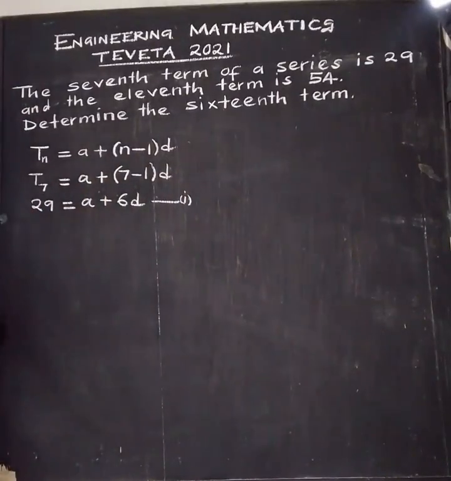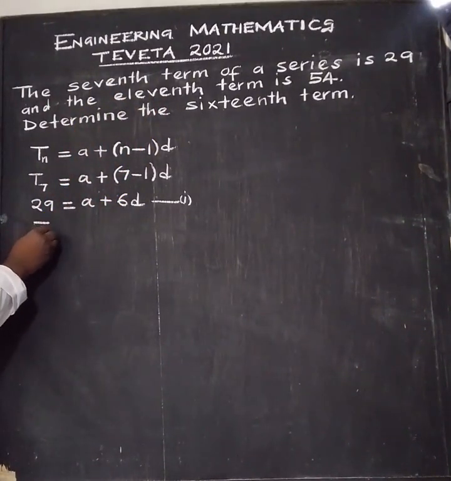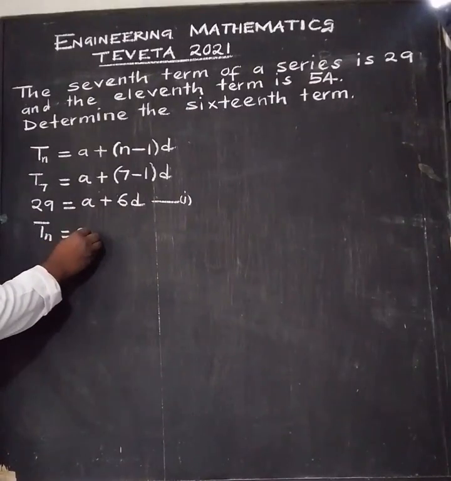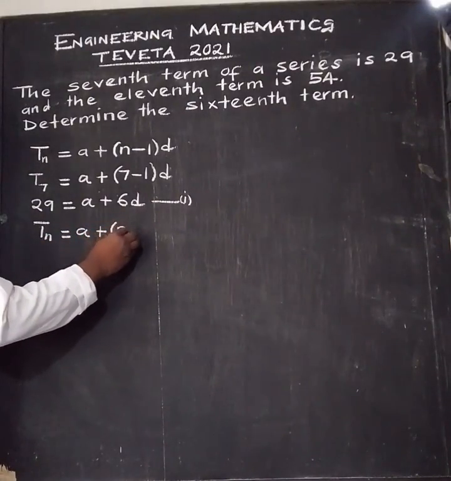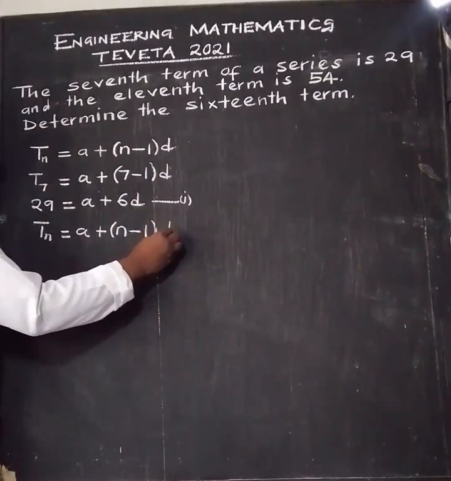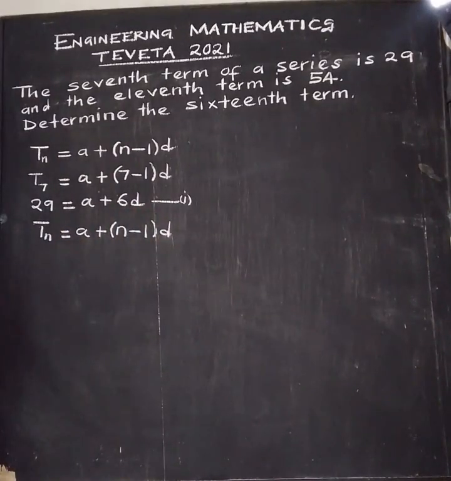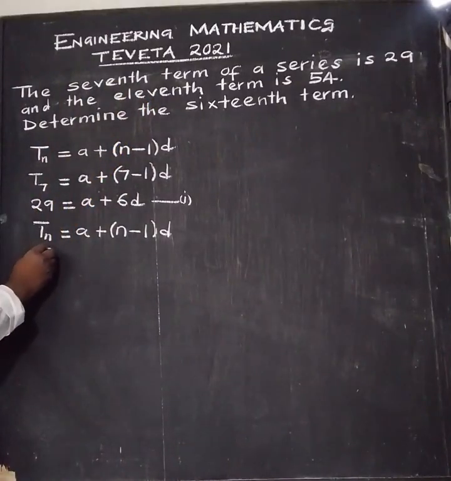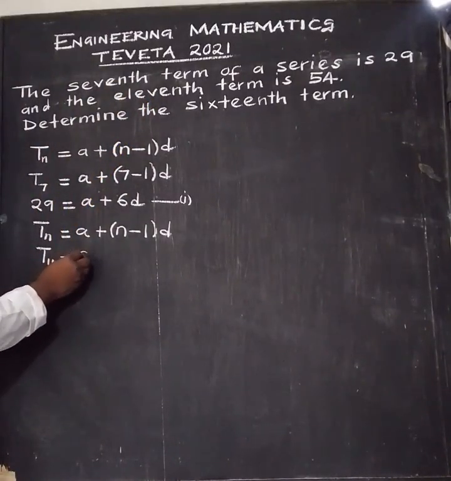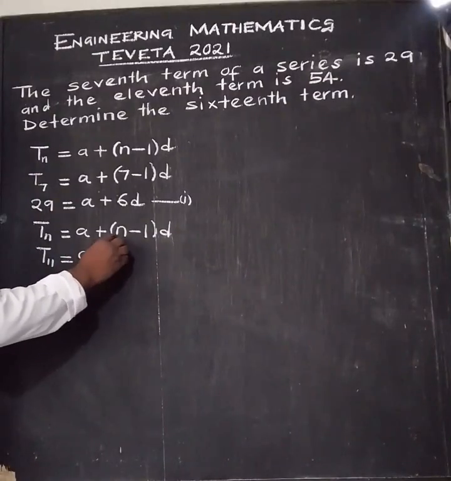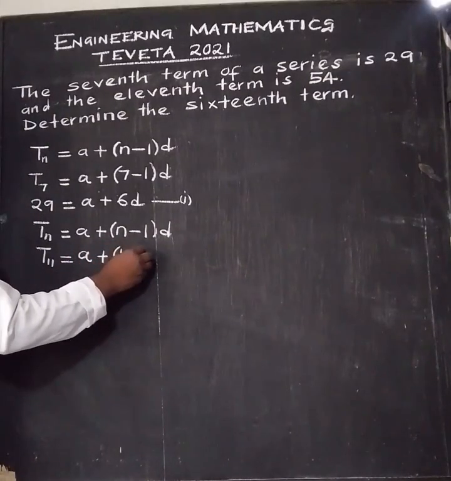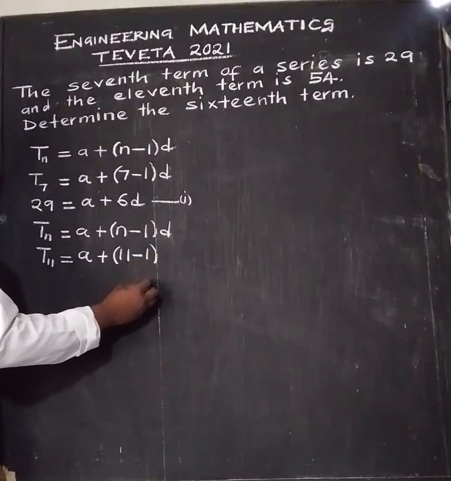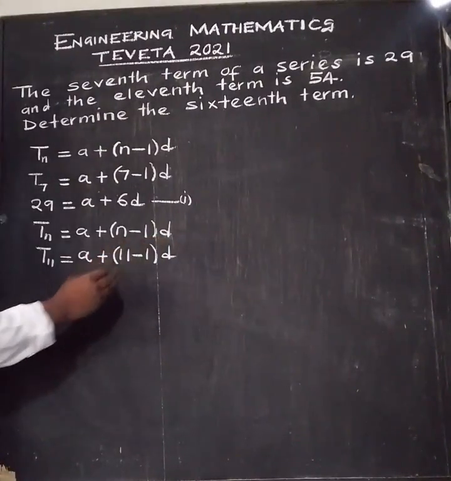We have equation 1. Okay, let's find another equation using the 11th term. So we say Tn is equal to first term plus open brackets n minus 1 multiplied by the common difference. Where there is n now, we are going to put 11. So T11 is equal to first term plus, remember where there is n, you put what? 11 minus 1, then close, multiplied by the common difference.